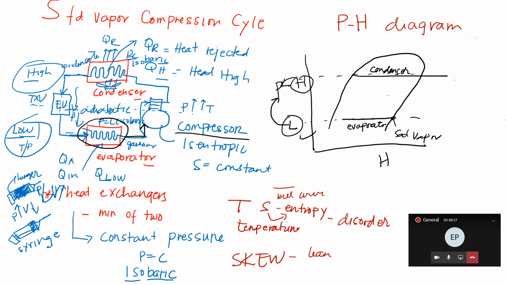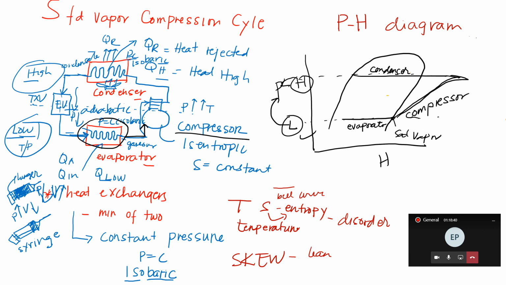And then, there's a curve like this. Ano naman to? Compressor. Yung curve na yan, yan yung tinatawag na compression line.